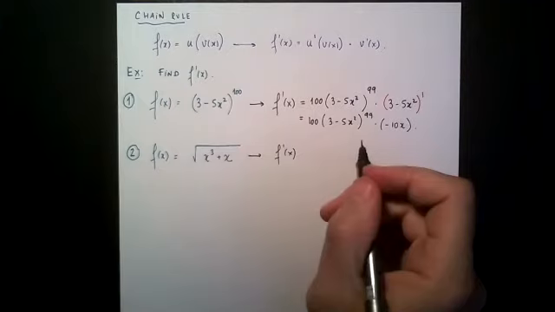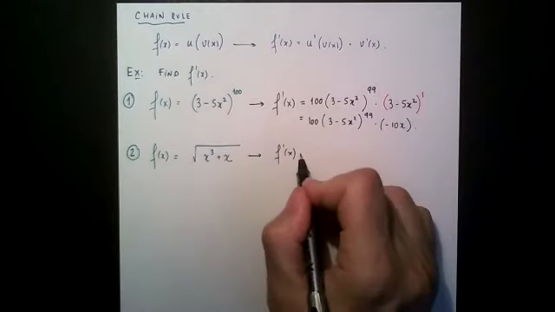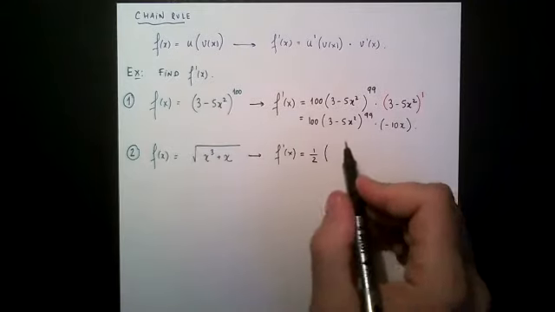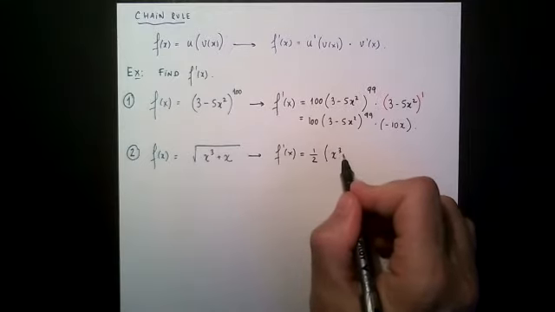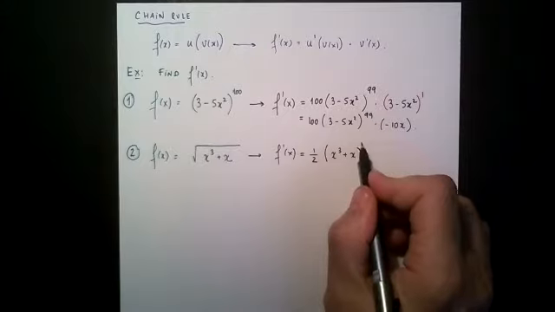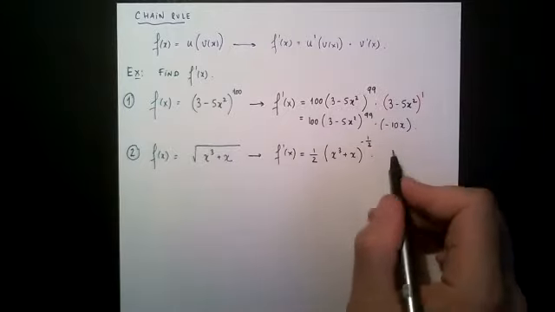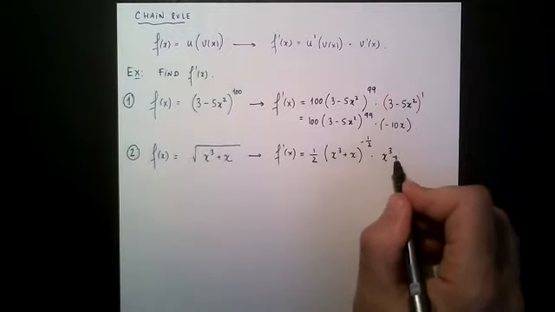Okay, nobody? Yeah? I think we have to do the derivative of the first one, which is half. Very good. Times, yeah, what? Times (x³ plus x) to the power of what? Minus a half. Very nice. Times 3x power 2.